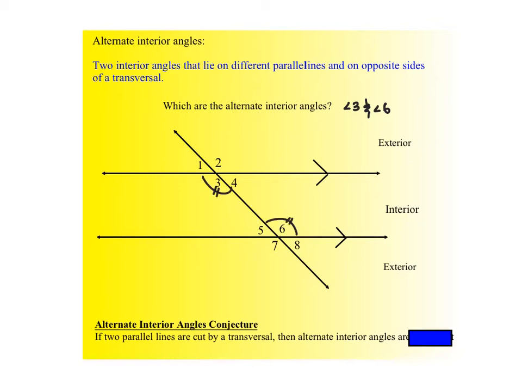Angle 3 and angle 6 are congruent. They are an alternate interior pair of angles. Another pair of alternate interior angles would be angle 4 and angle 5. Just like corresponding angles, alternate interior angles will also be congruent.